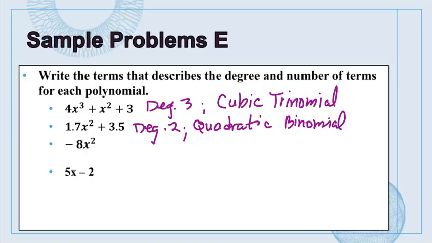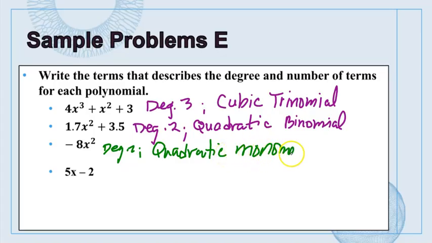And this third one has a degree of 2, so this would be a quadratic. And it's only 1 term, so this would be a monomial. And this last one has a degree of 1, so this is a linear. And it has 2 terms, so linear binomial.